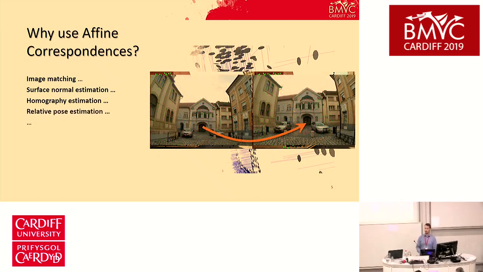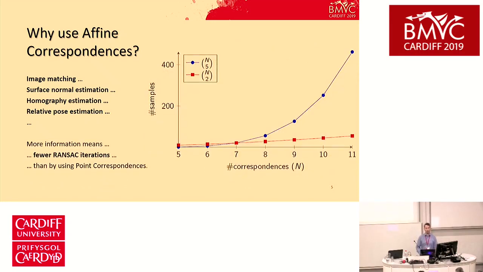And two correspondences are enough to estimate the relative pose between two views, where you would need 5 point correspondences to solve the same task. That turns out, for robust estimation, to mean fewer iterations, for example in RANSAC.